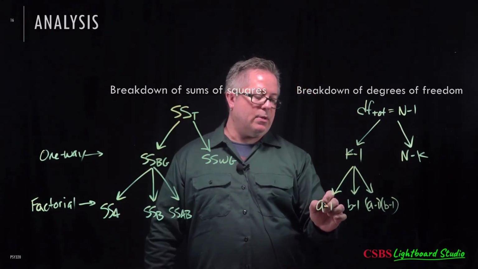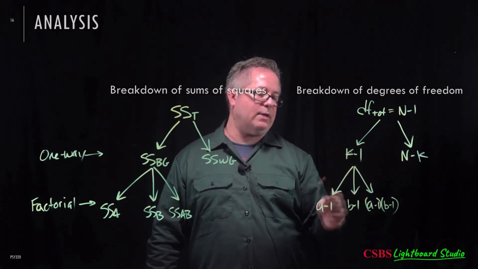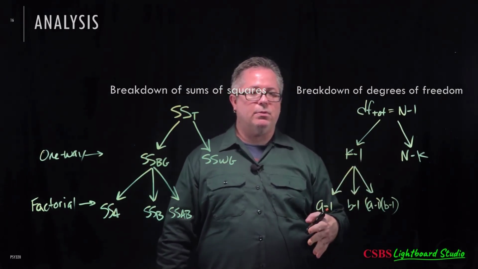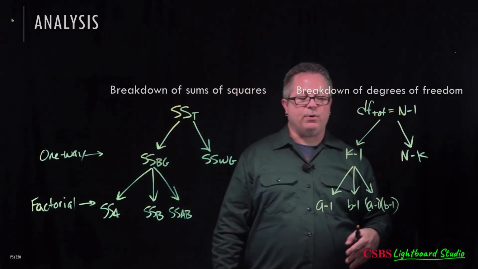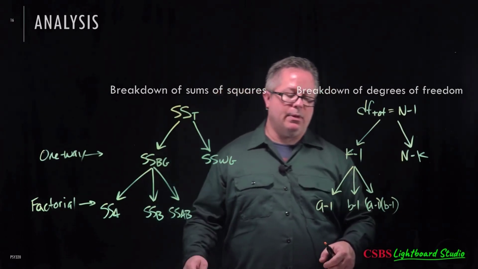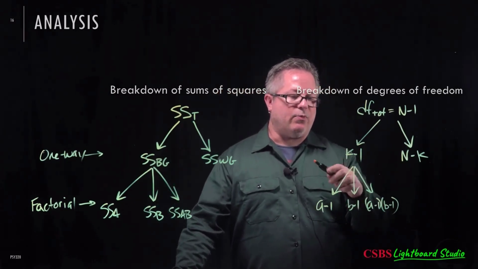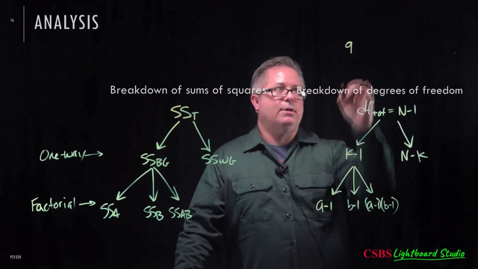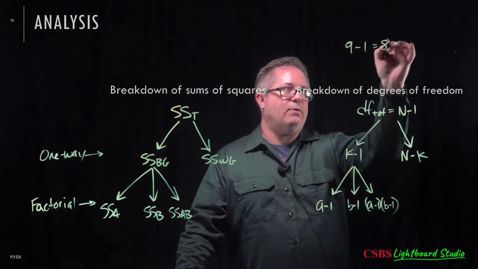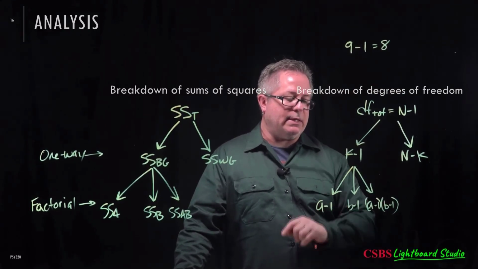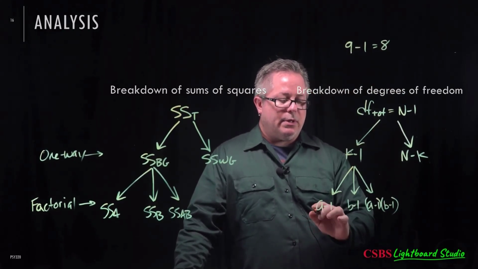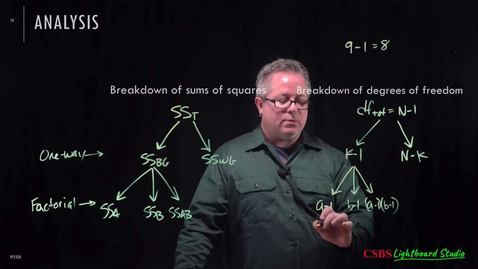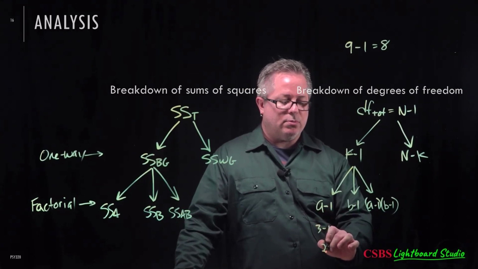If we were to look at this as a 9-group one-way ANOVA, we'd have 8 degrees of freedom, since k minus 1 is 9 cells minus 1, which equals 8. So these things should all add up to 8. A minus 1 is 3 minus 1, which is 2.